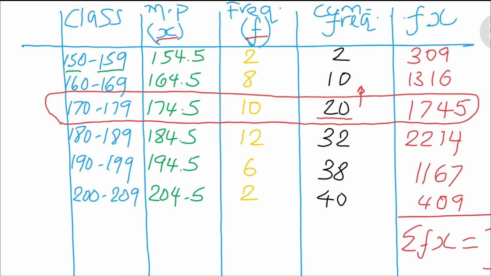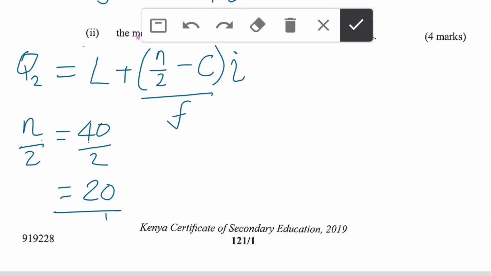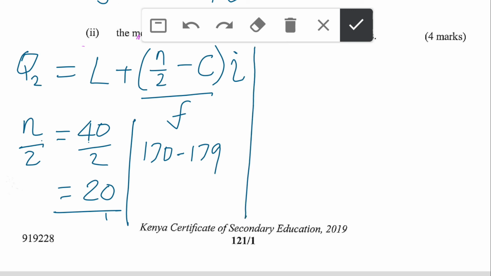So it will be very easy for us to do the calculations. Now we have made a few observations. The median class, 170 to 179. So from there we can get a few things.